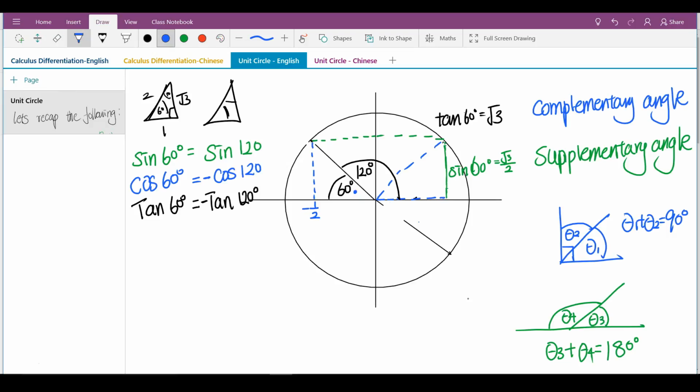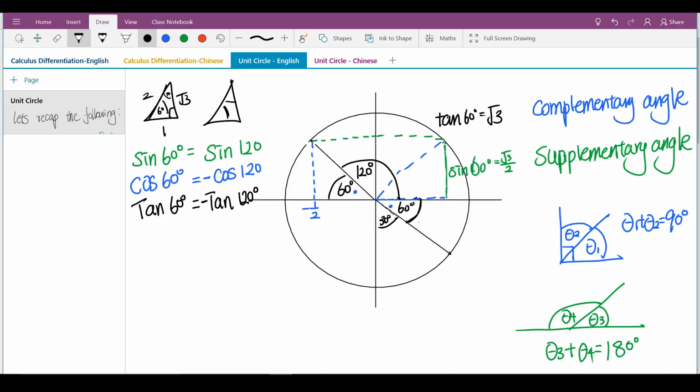So we know that this angle here is actually equal to that angle according to the rules. So this would be 60 degrees as well. But the actual angle, if we start from the 3 o'clock position, will be 90, 180, 270, plus the complementary angle here, which is 30.